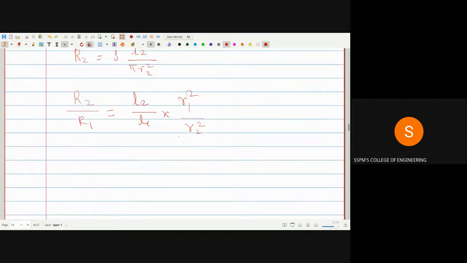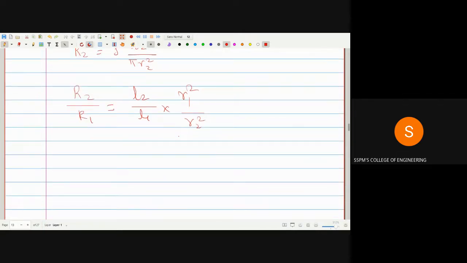Now in the second case the length is increased by 10%. So if L1 is 1 meter, then L2 must be 1.1 meter. So the relation between L2 and L1 is L2 is equal to 1.1 L1. Isn't it?